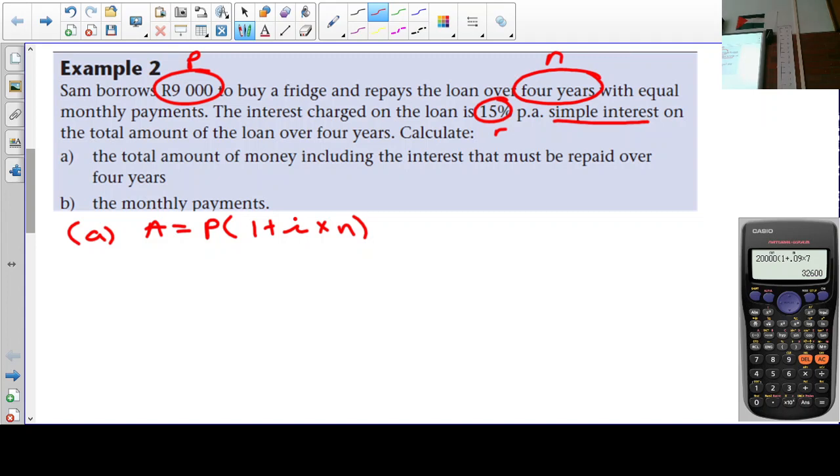So let's do the substitution. What's your P going to be? 9,000 into 1 plus 0,15 times by 4. So work that out.